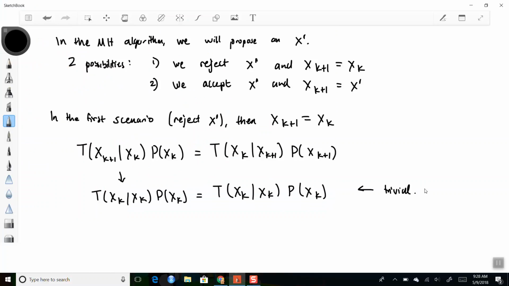If everybody just returns to the same state, then we're at balance. So we really just need to show that this detailed balance holds when x_{k+1} is different from our current x_k. All right, so let's take a look at this.